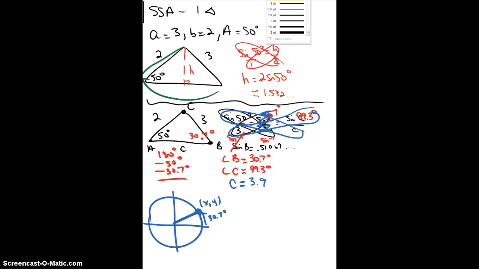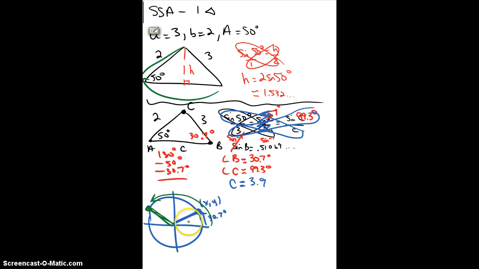So if I look on the other side over here, there's the mirror image, and the y values, or the sine values, are going to be the same. And so I need to figure out that angle right there.